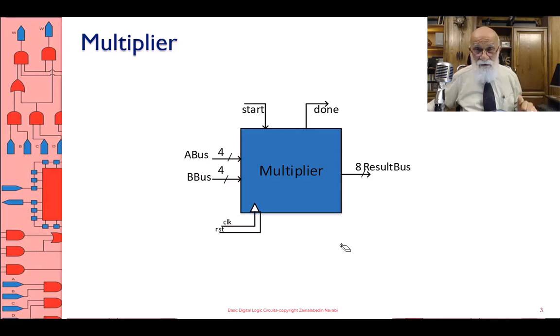Let's use the expensive combinational circuit because this is not the right way of doing it. But as our first RTL example, this is the perfect example.